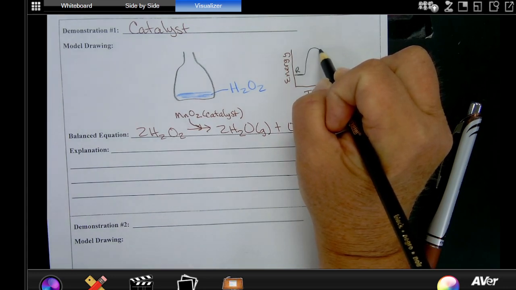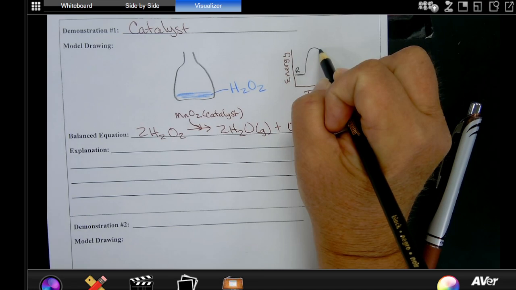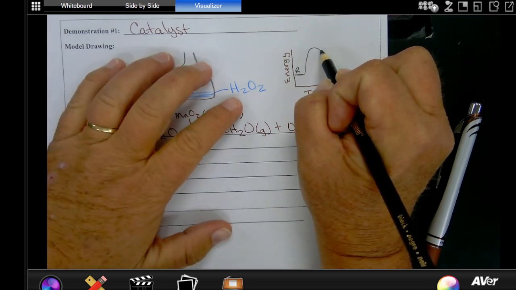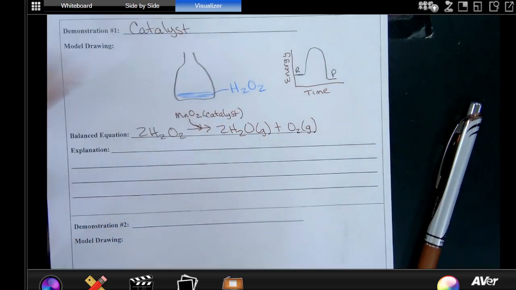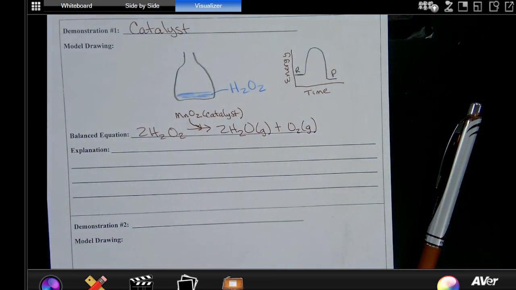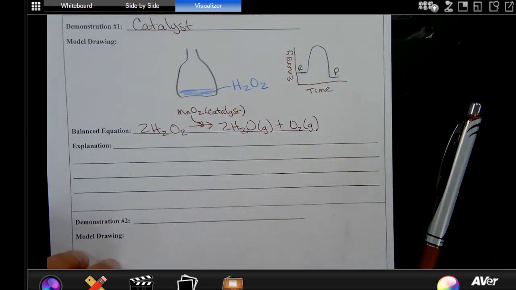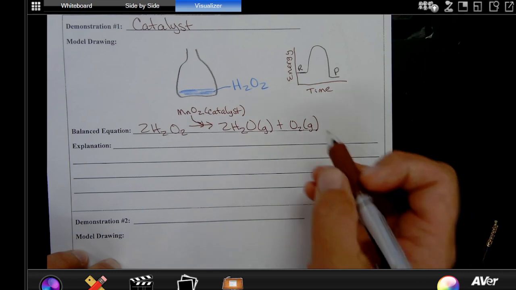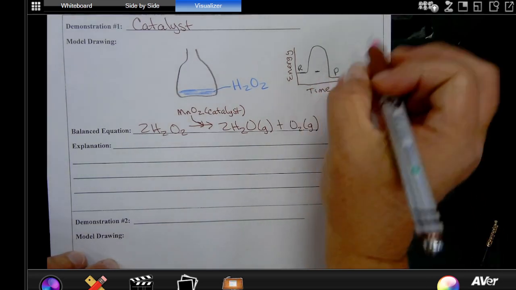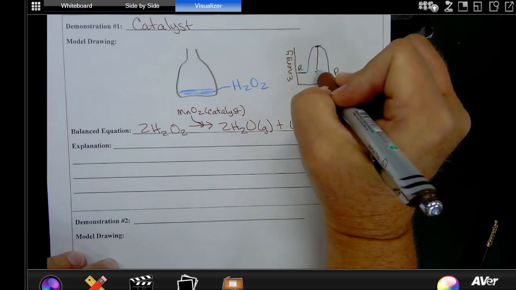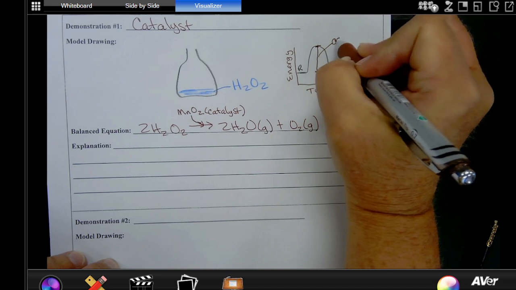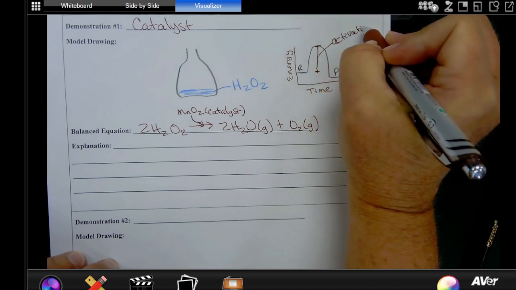So that means, did my energy increase or decrease? Decrease, so it's got to be lower. So I'm going to go down, it's got to be lower. The products will be lower in energy than my reactants. Does that make sense? Yeah? Okay. And remember, we're also going to label this. I'm going to label this from where my reactants start to where they end. This is my original activation energy. Okay.